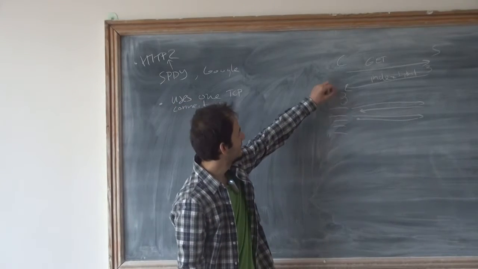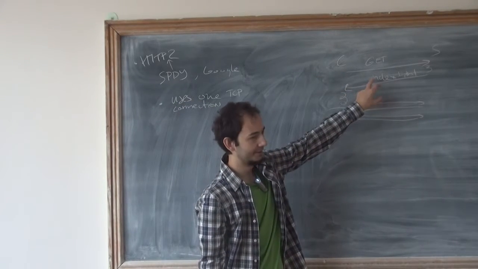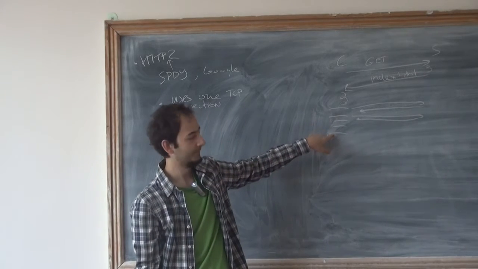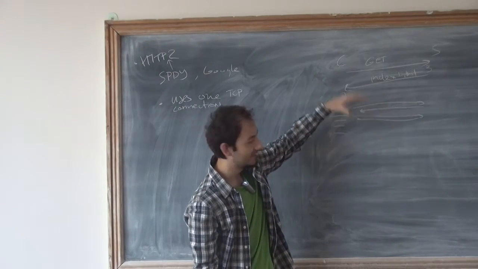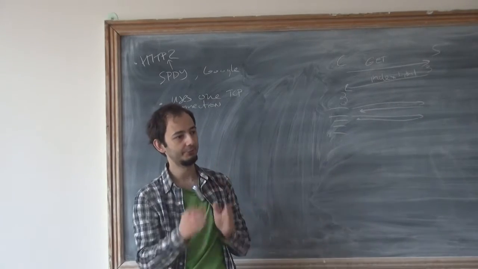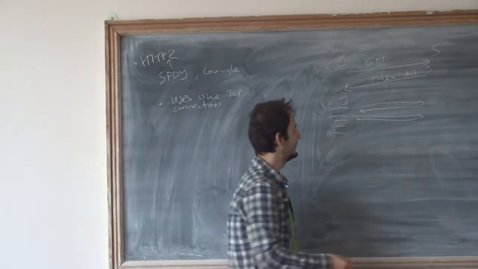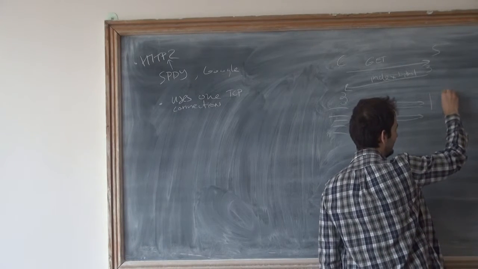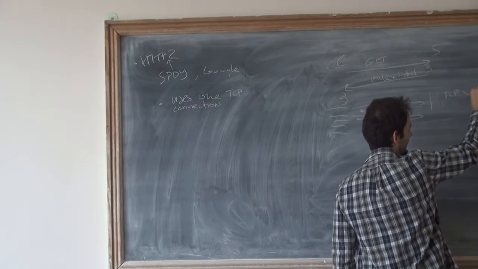So if besides the index page, you have 1, 2, 3, 4, 5 images, then you will have 5 more additional GET requests. And you have to remember that every single GET request has to establish a TCP connection.